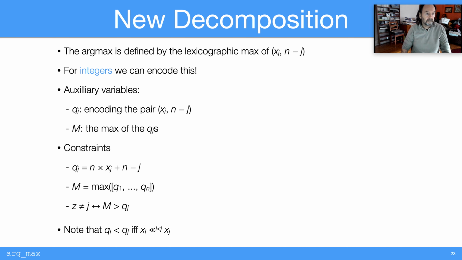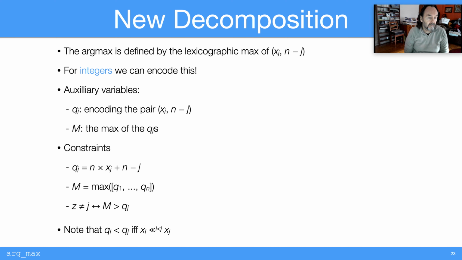For integers we can encode this. We have qj, which encodes this pair of xj and n minus j, and m, which is the maximum of these qj's. The constraints to do this: qj is n times xj plus n minus j, which just encodes the pair as a single integer. M is just the normal max constraint over the q's.